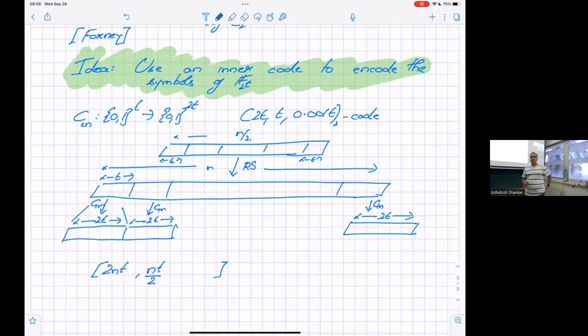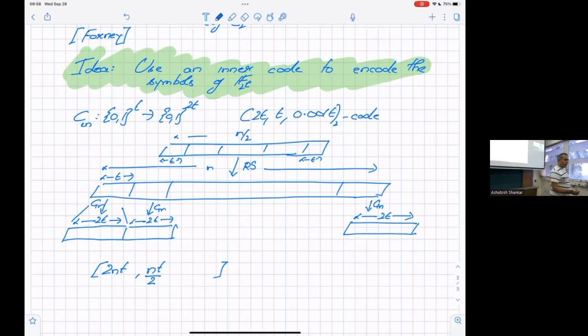But what's the distance of this code? Basically, we know that if there are two distinct code words, they are going to differ in at least n by 2 locations here. Previously, with the raw coding, you could only say they were differing in a bit. But now, because you're using an encoding, for each of those n by 2 locations, you know that they differ in a 0.001 fraction of this.